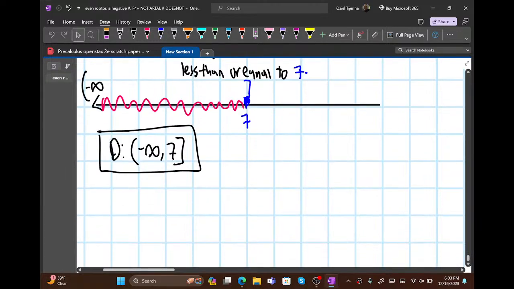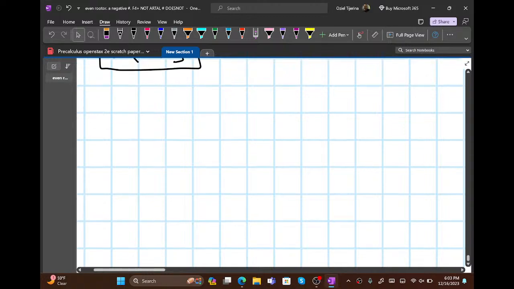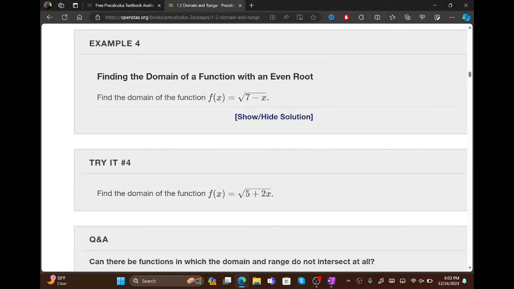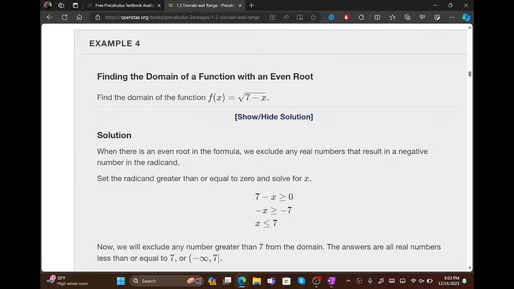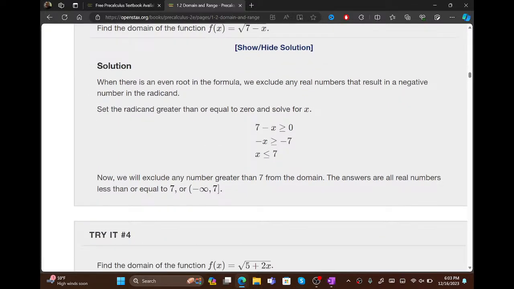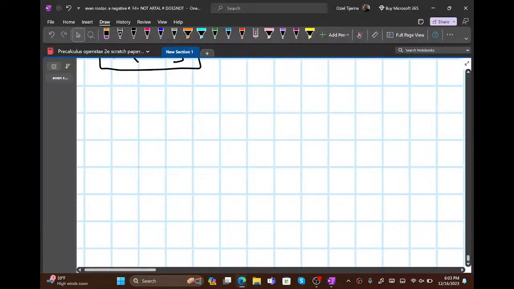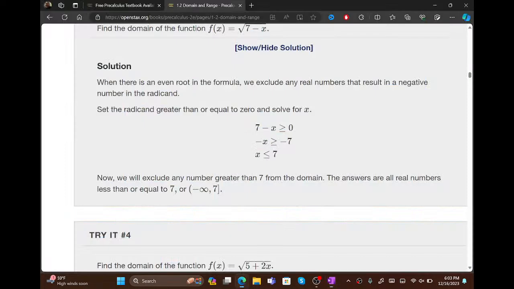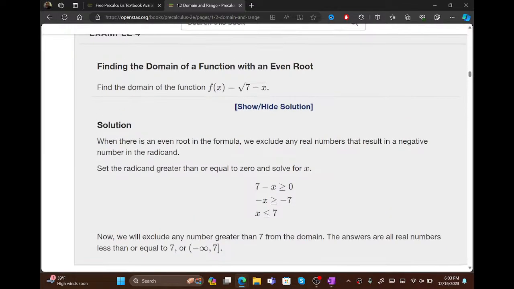The range is something else. I don't think we're going to go over that yet. But as you can see, it is from negative infinity to 7. So it's exactly how we did it here. I just want to keep in mind, guys, that the way they're doing it in this book is not going to be exactly how I do it.